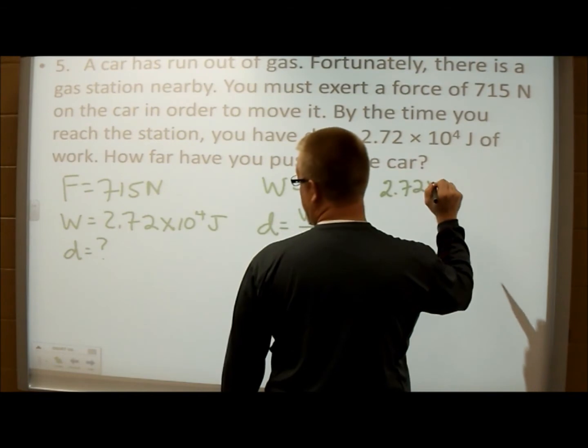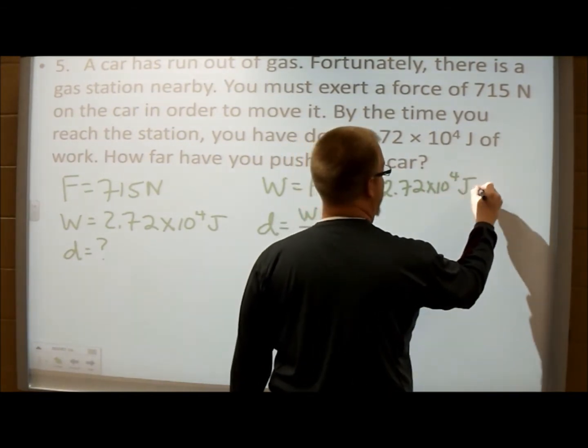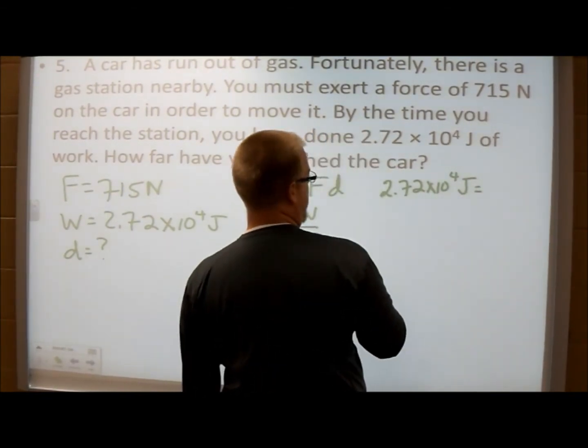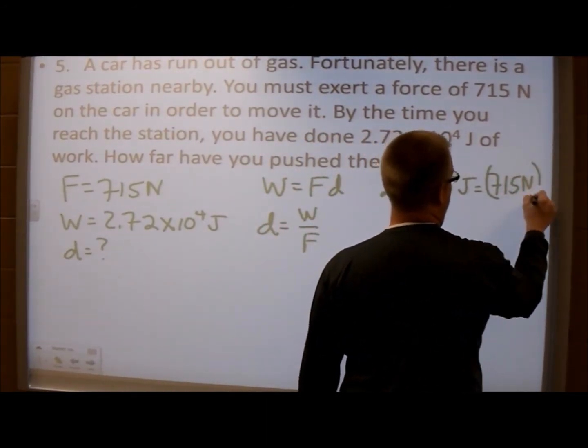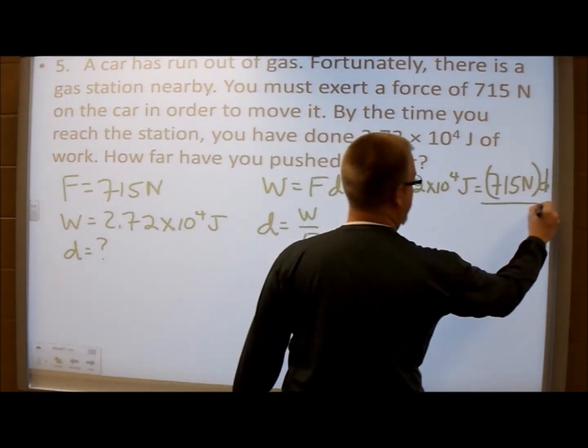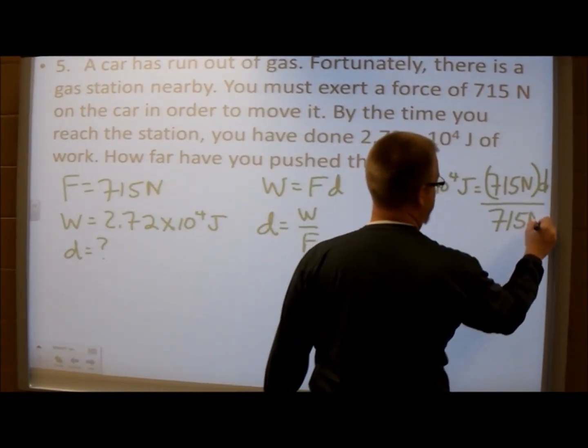This is not the way that I normally do the problem, so force times distance. Divide both sides by 715.